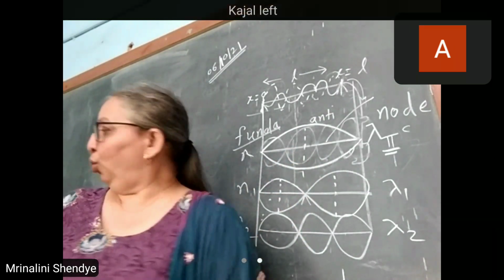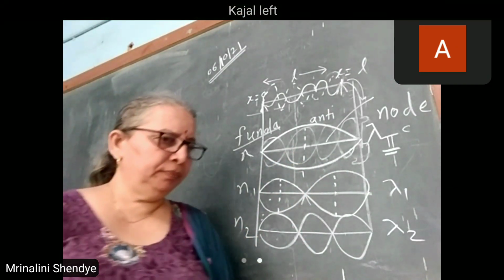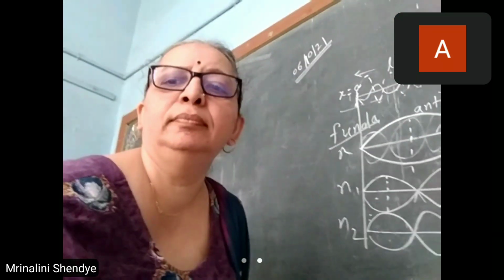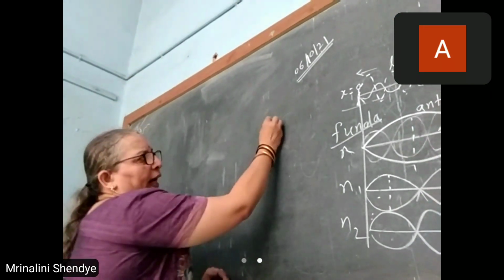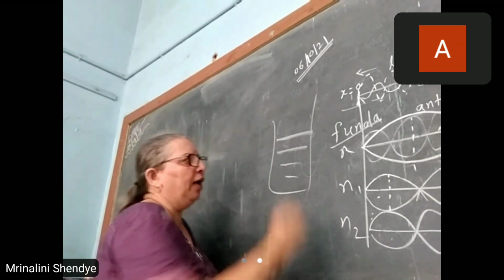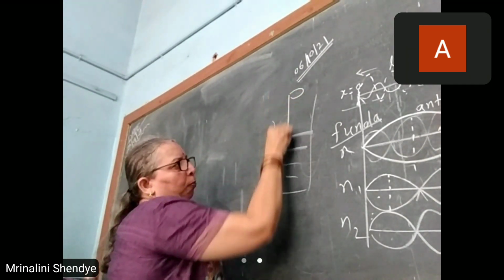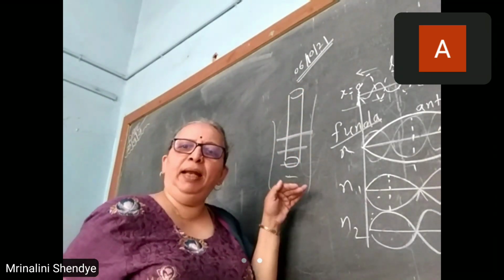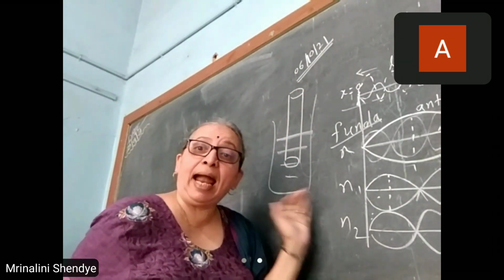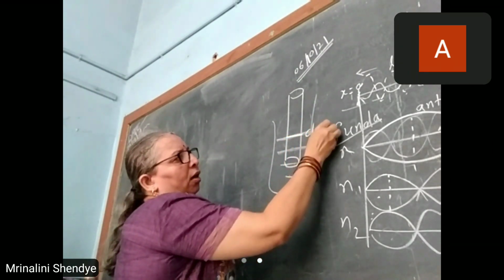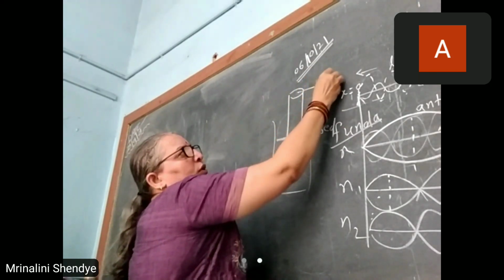Similarly, you can observe an air column also. देखो एक जार है, उसमें मैंने वाटर फिल किया है. I will keep this pipe with one end dipped in water held exactly vertical. तो ये end close हो जाता है और ये एक end open हो जाता है.